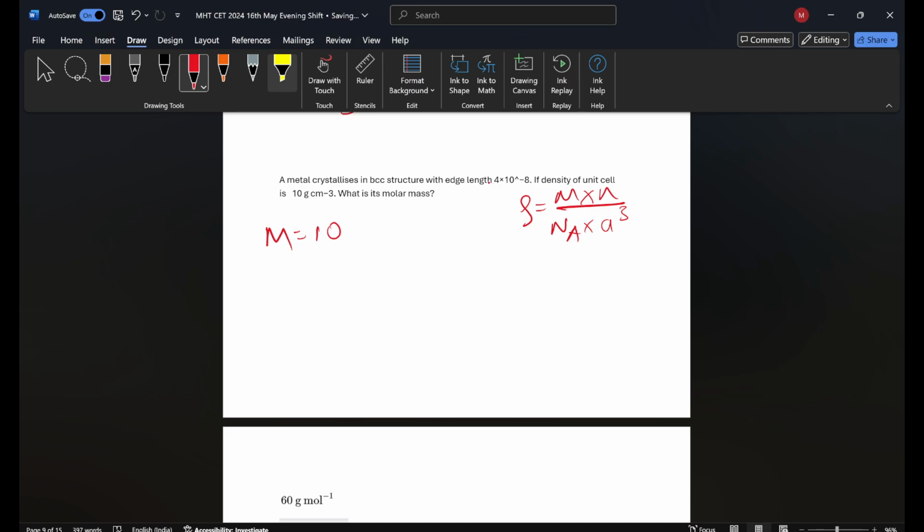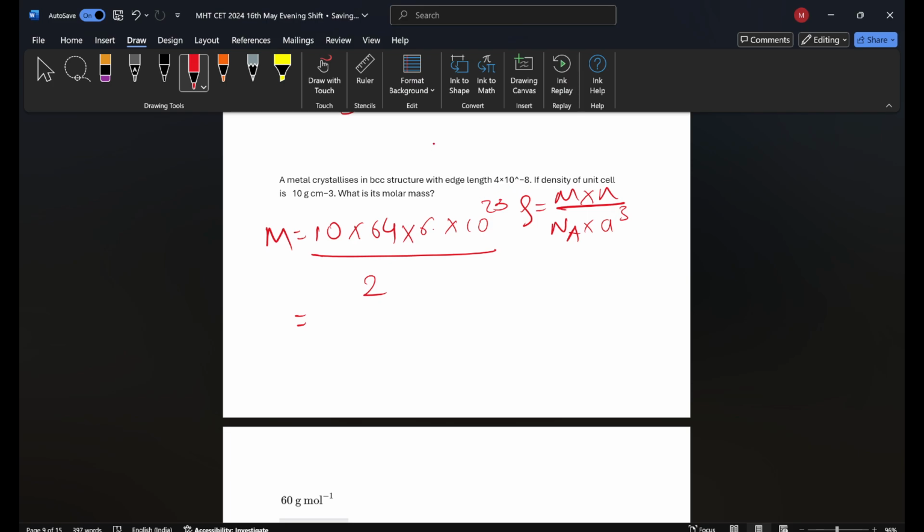Edge length is 4 into 10 raised to power minus 8. 4 cube is 64, into 6 into 10 raised to power 23. By BCC it is given, so Z is 2 for sure. So simple calculation, I feel.